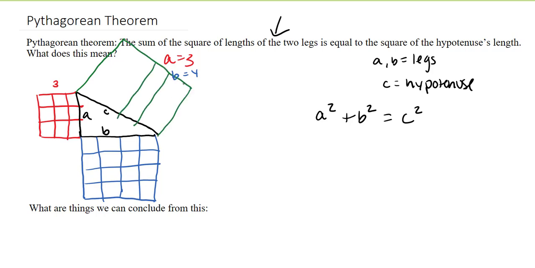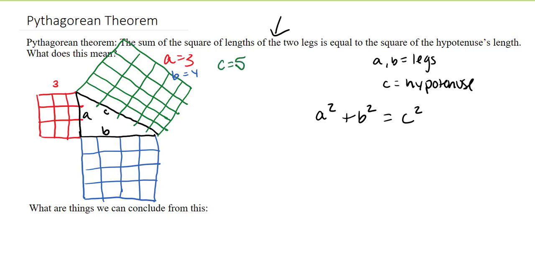If C is equal to 5, you can see that it's 5 across and 5 deep, or the length is 5 and the width is 5. So C is equal to 5.